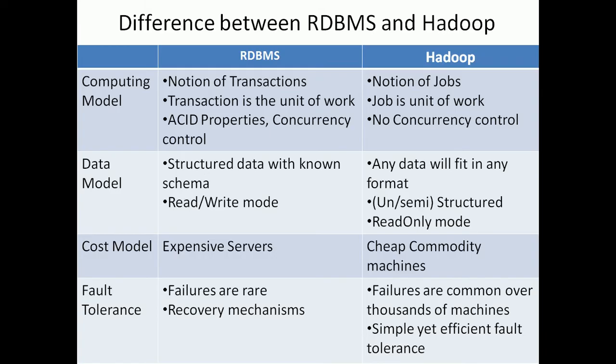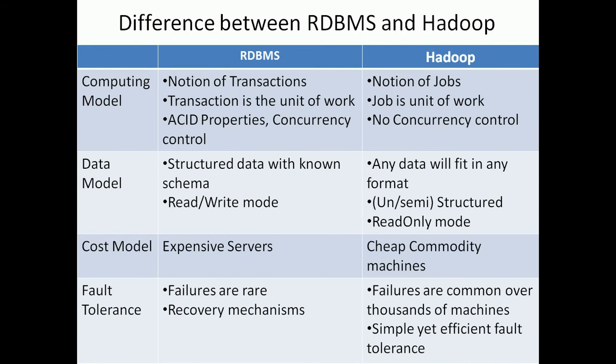We will show the difference between RDBMS and Hadoop in terms of computational model, data model, cost model and fault tolerance. In RDBMS, there is the notion of transactions, that means a transaction is a unit of work and uses ACID properties and concurrency control, that means strong scheduling is there.